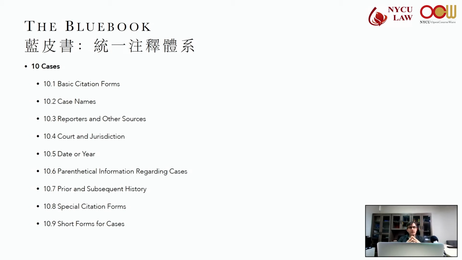And remember, we're looking at Rule 9 for judge names. So when you're in a parenthetical, you have last name of judge, comma, J, comma, dissenting.